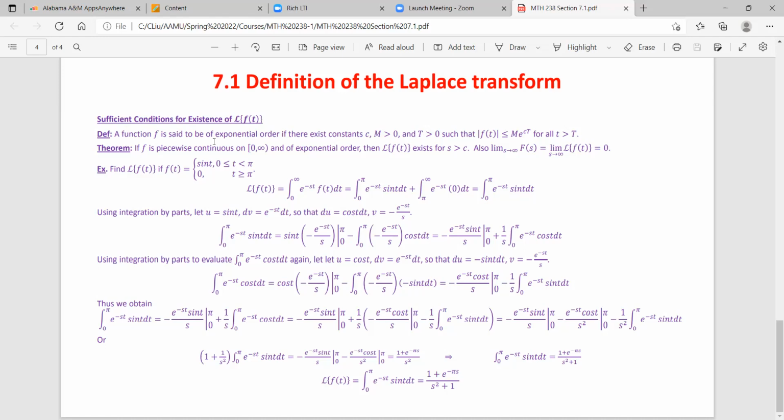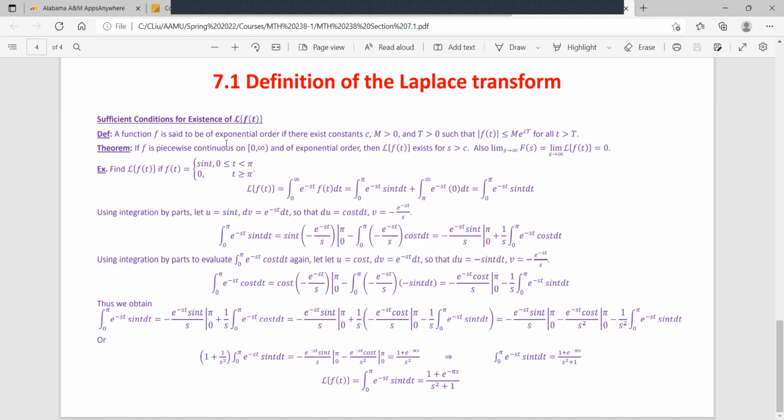Okay, so we need to start from some definition again. This is about exponential order. What do we mean by exponential order?